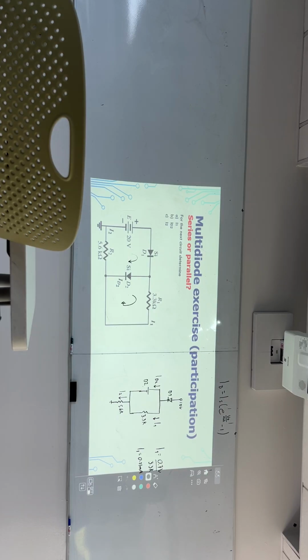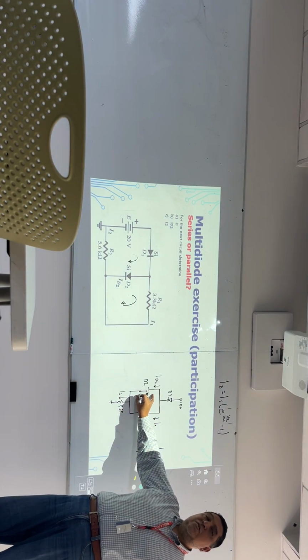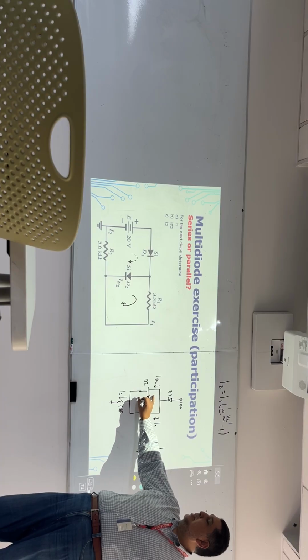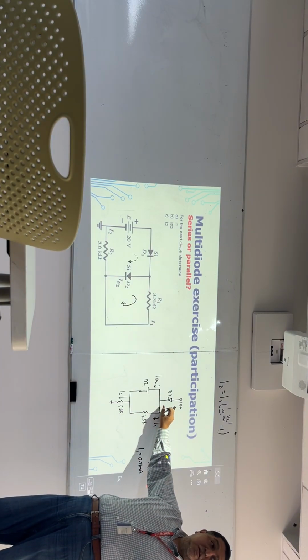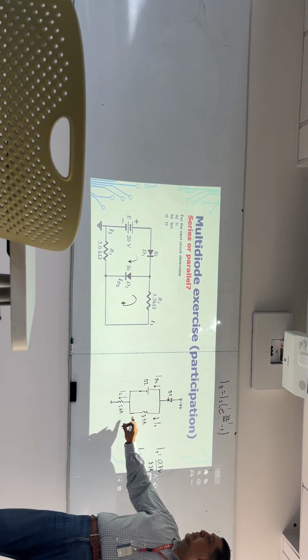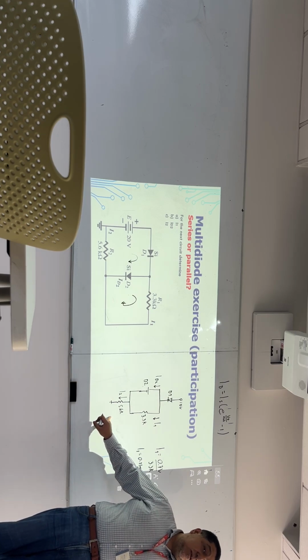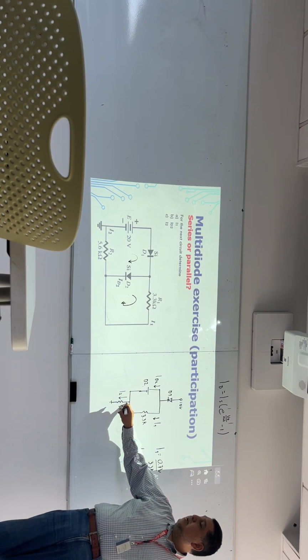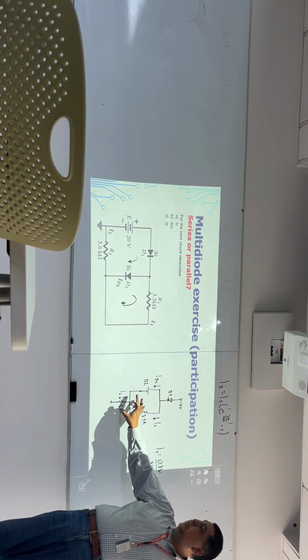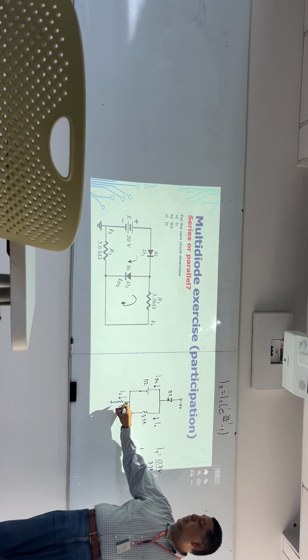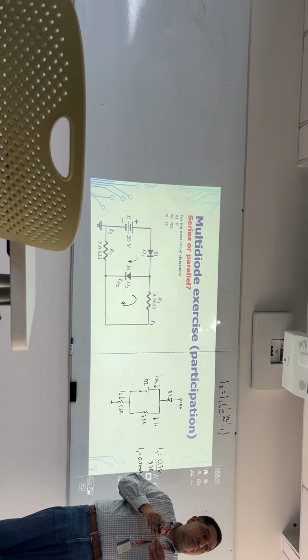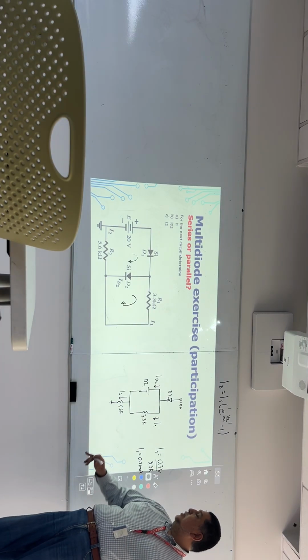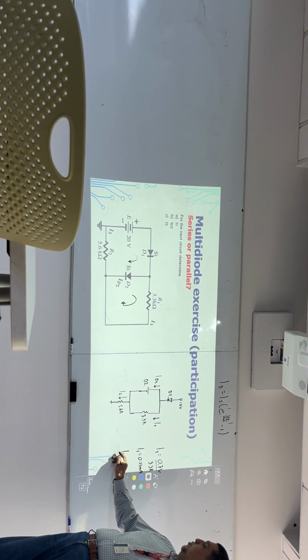Then I need to get ID2, but since I don't have an internal resistor, the only way to calculate this is by either getting this one or this one. But guess what? This one and this one are exactly the same. Because here the current divides into two parts, but then at the other side of these two branches, they will join again. So this current ID2 is equal to ID1.